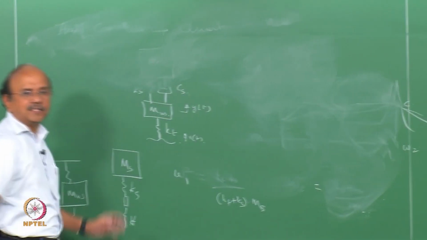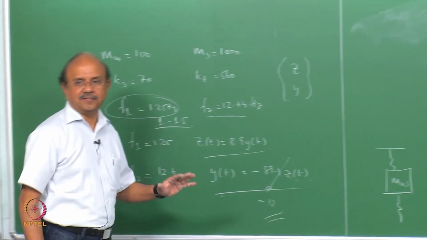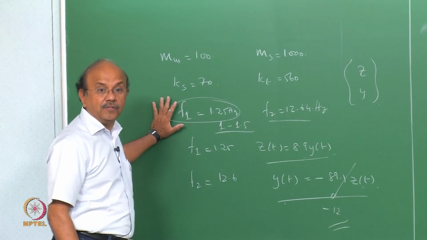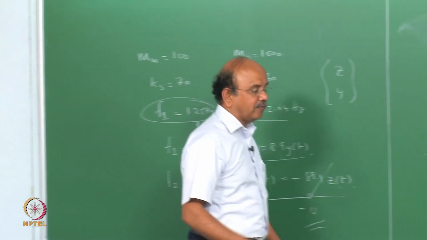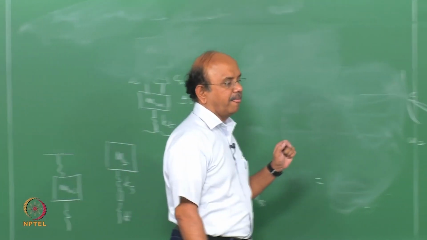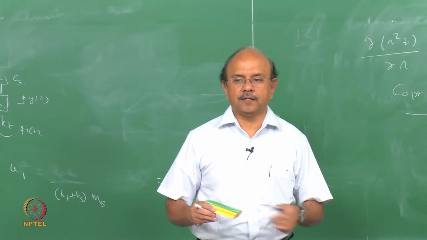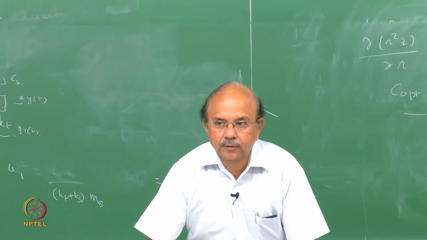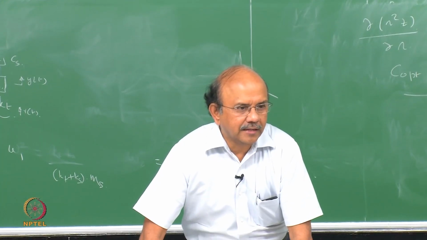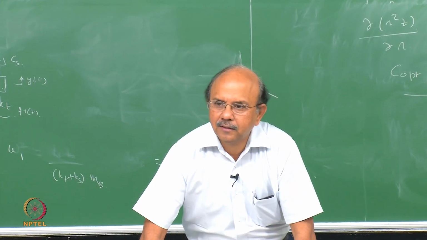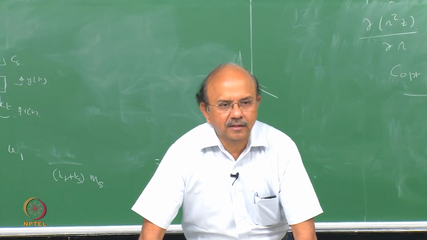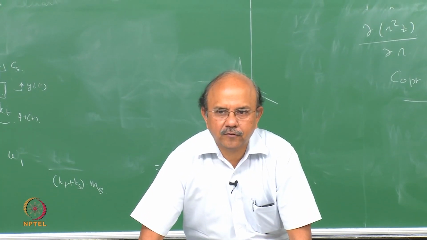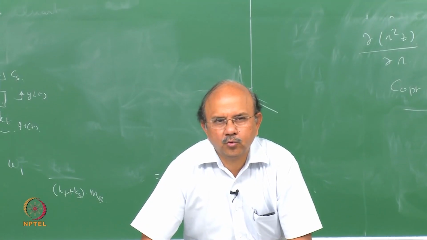So what are the lessons learned in the quarter car model? Two of the important frequencies are not going to change. In fact, we have done extensive testing with many cars in India. When I put an accelerometer at the axle position and at the body position, on all these cars you can very clearly see that Z and Y have natural frequencies between 1.2 to 1.5.